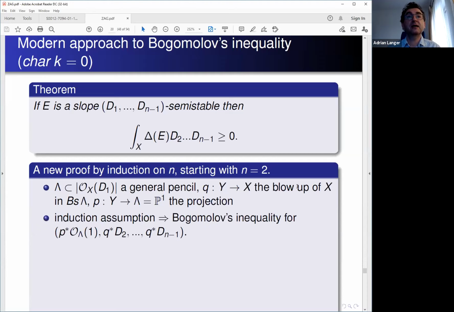So now the proof is by induction on n. And the induction assumption says that, well, the Bogomolov's inequality works on fibers of this p, which translates into saying that it works for polarizations that are of the form pi lower star of O(1) from P1, then q star D2 and q star D_{n-1}.